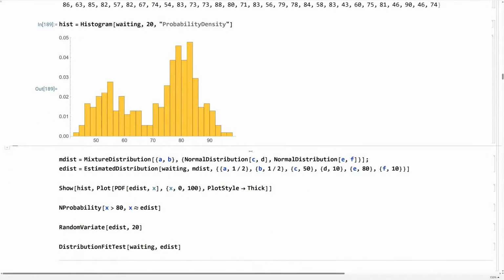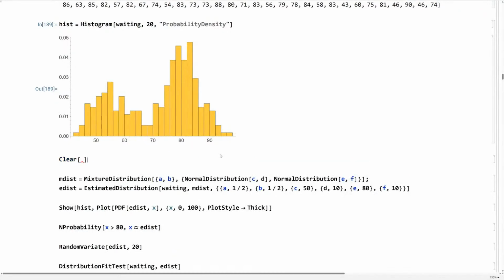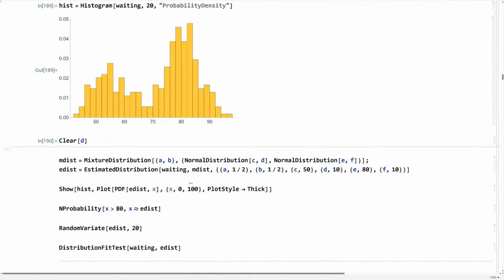What we can do here is build our own customized distribution. Let me clear out my variables first. Because it visually looks like two normal distributions, let me build this one as a mixture distribution.